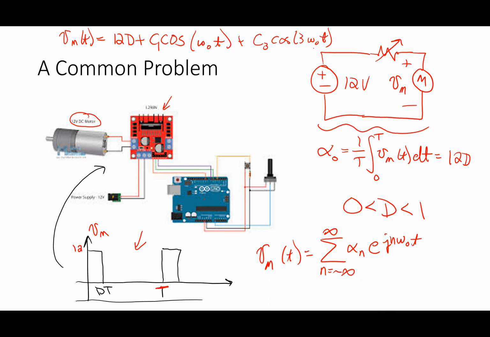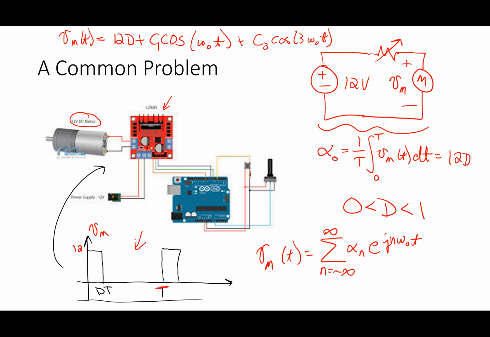If I applied this voltage to the motor, what should the motor do? If you applied that voltage to a motor, what does the motor do? It just spins constantly, right? That's not what it should do, is it?